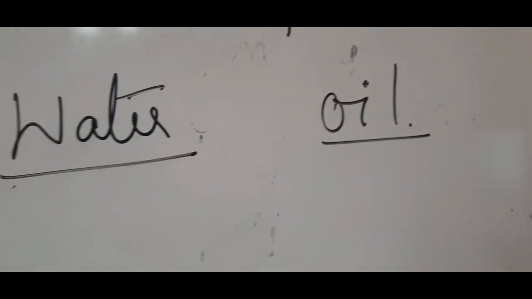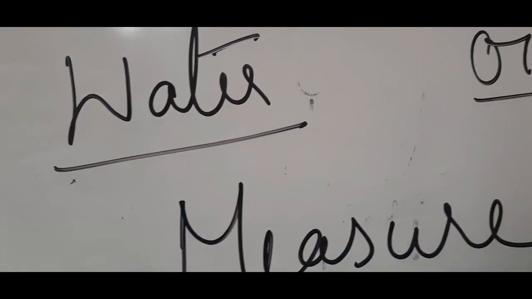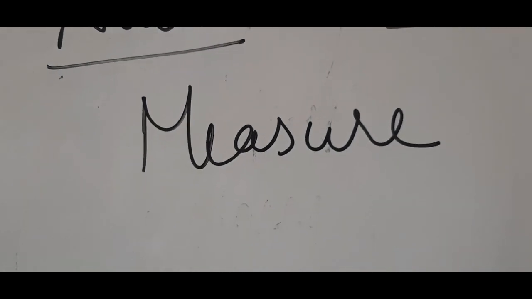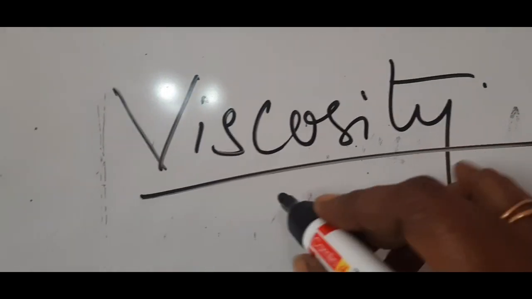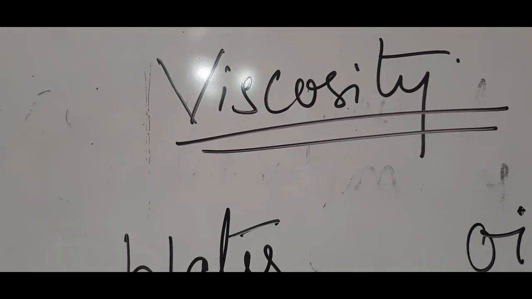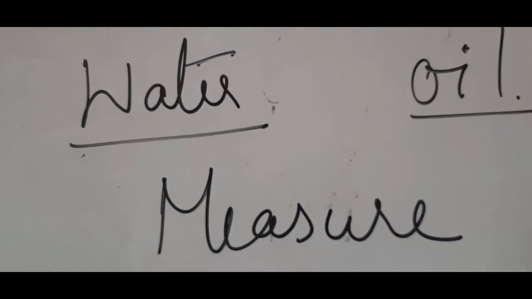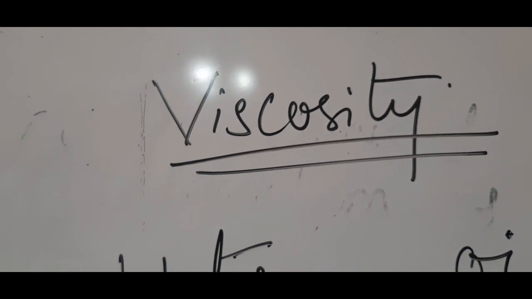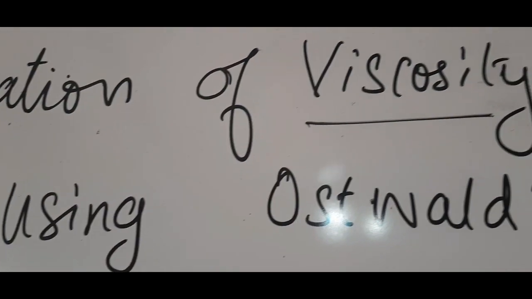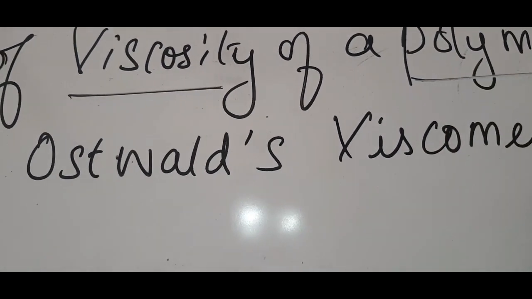So the measure of restriction to flow of a liquid is said to be viscosity. This will be the perfect definition for viscosity. So that is what we are going to determine today for a polymer.